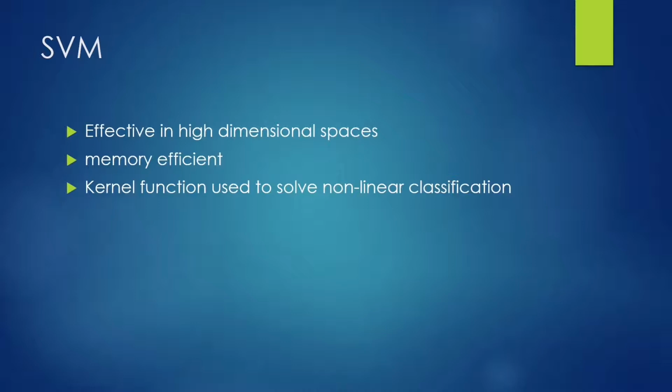And the kernel function is used to solve nonlinear classification. One advantage of SVM is that it uses a subset of training points in the decision function, called support vectors, so it is also memory efficient.